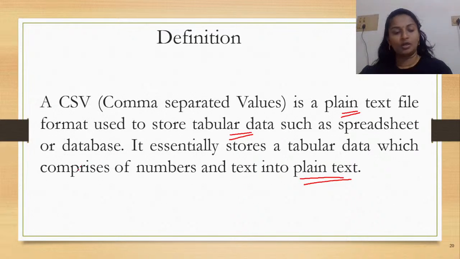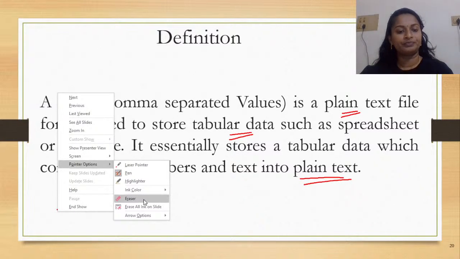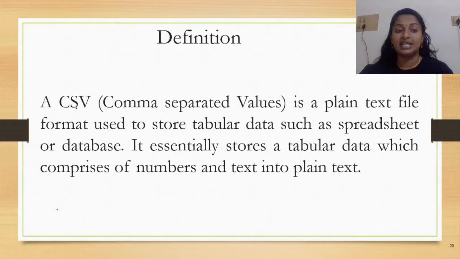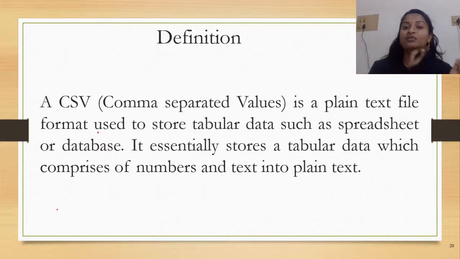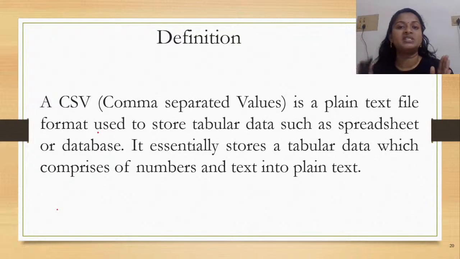Once again, reading out the definition of a CSV file, or comma separated values. The contents are just like a plain text file. The only difference is you would have different values and each of the values would be separated by a delimiter or separator, which is the comma. Now, if CSV is also a plain text file format, there has to be some difference between the text file that we have already learned and the CSV format we are learning now.